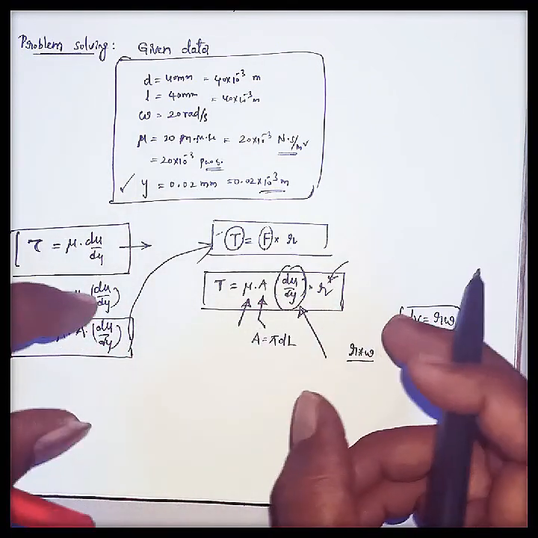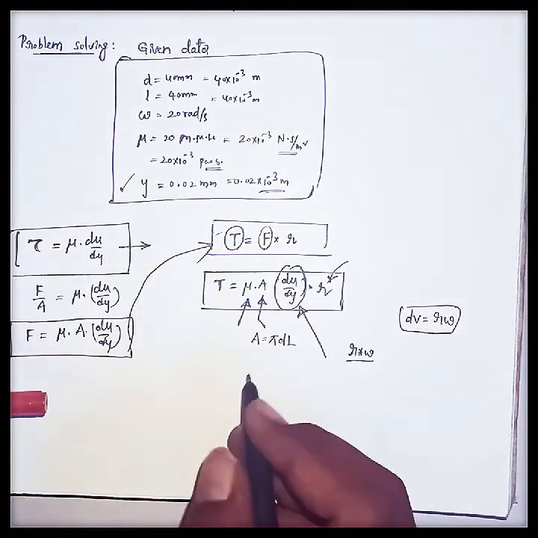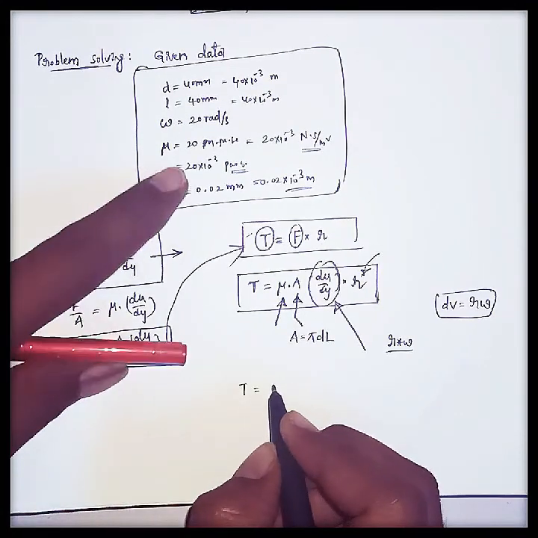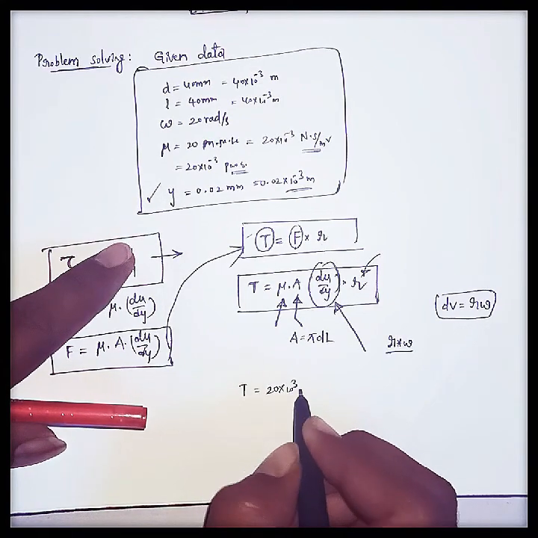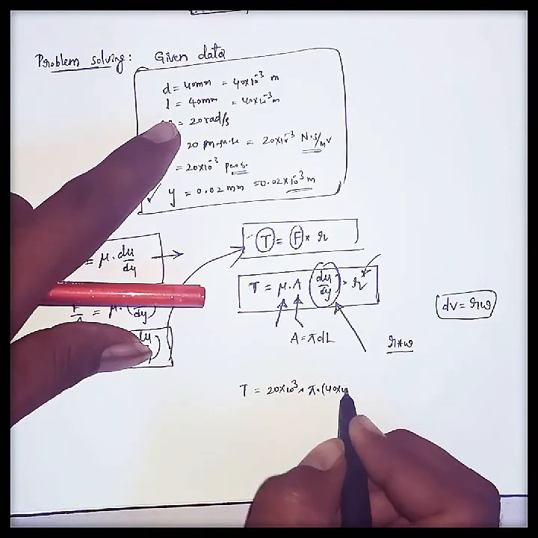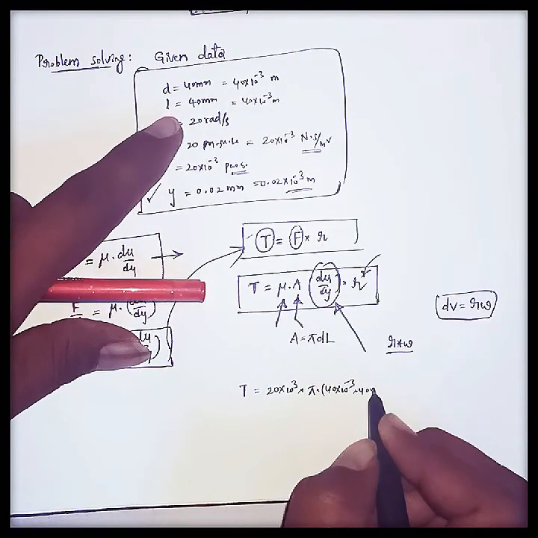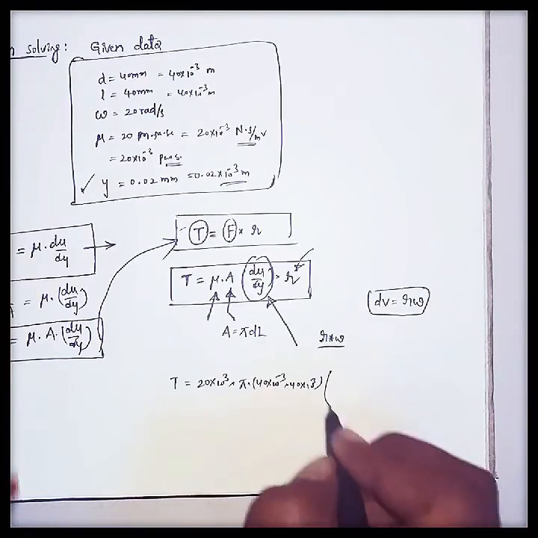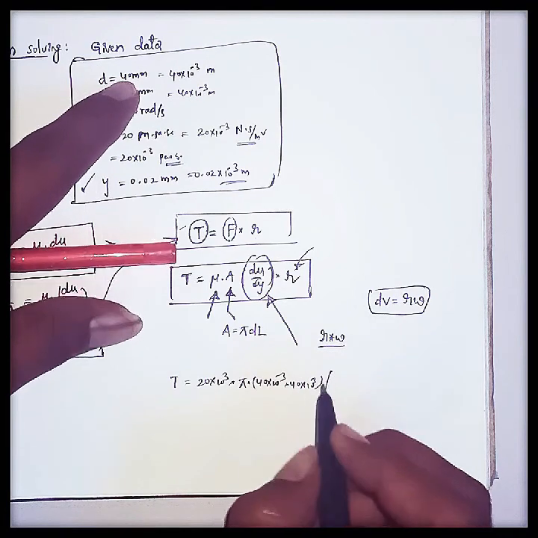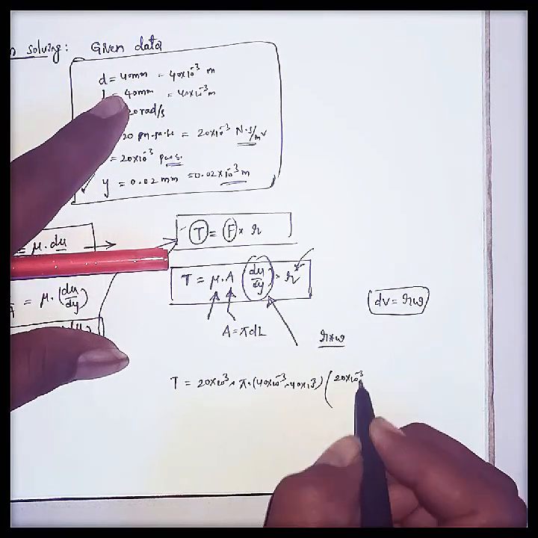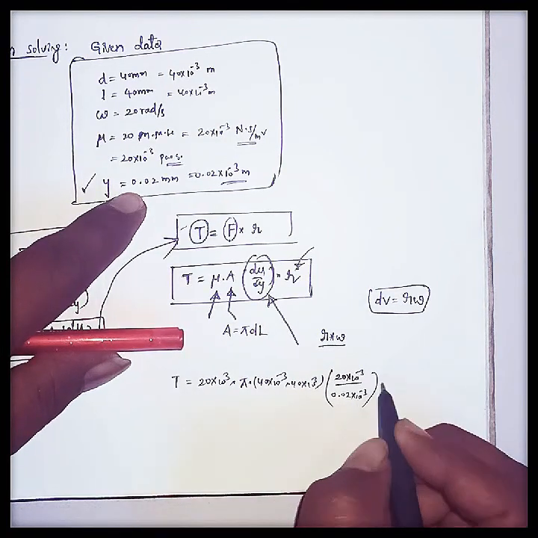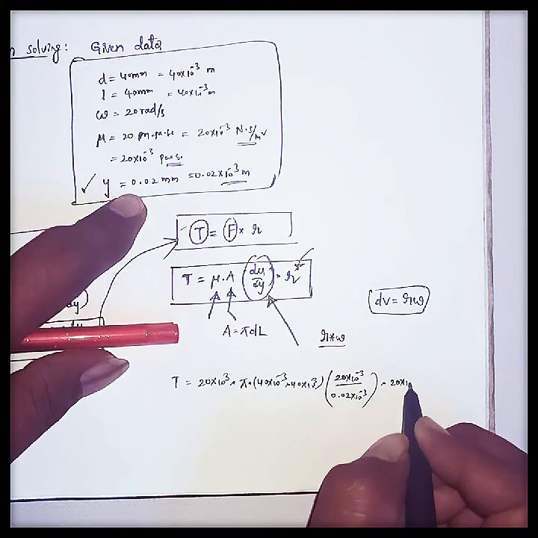Like this, we know each and every data from the question, and we can directly substitute these values and get the torque value. T equals mu, that is 20 into 10 power minus 3, A is pi d L, pi into D which is 40 into 10 power minus 3, and the length also 40 into 10 power minus 3, and du we can write as r omega, r is 40 mm by 2, that is 20 into 10 power minus 3, by dy, which is the clearance 0.02 into 10 power minus 3, and the radius is 20 into 10 power minus 3.